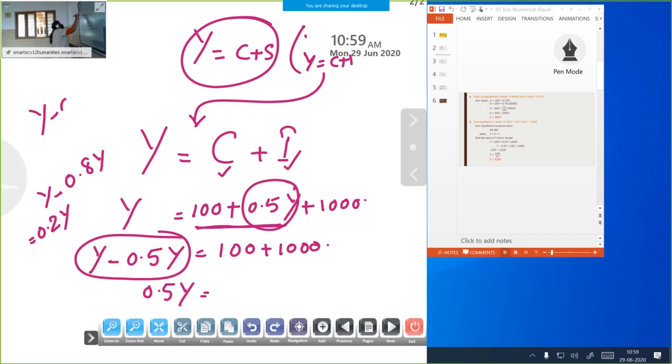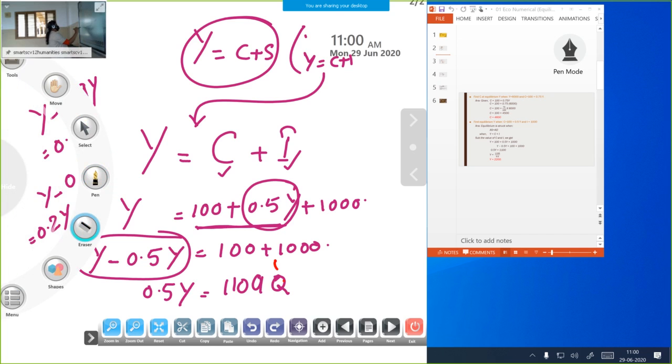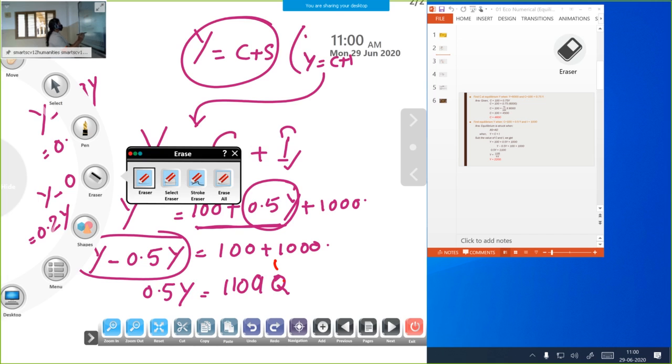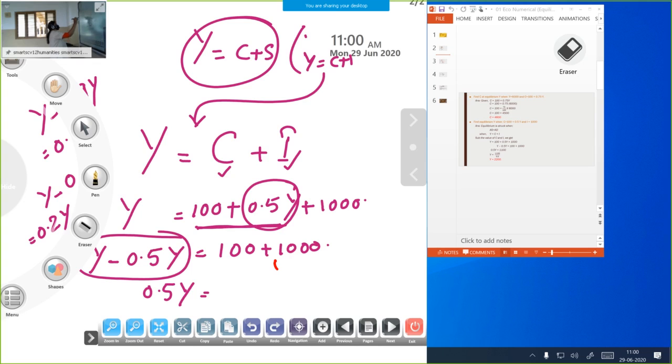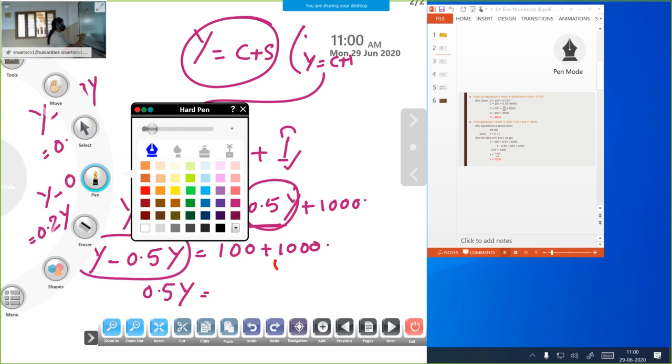Okay. Y minus 0.9 Y, the answer is 0.1 Y. Like this, Y minus 0.5 Y will get 0.5 Y. That is equal to 1100. Sorry, 1100.